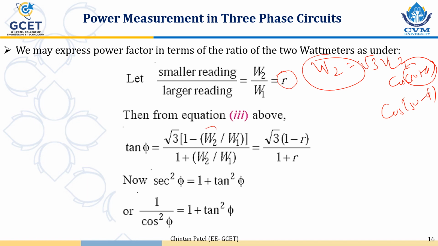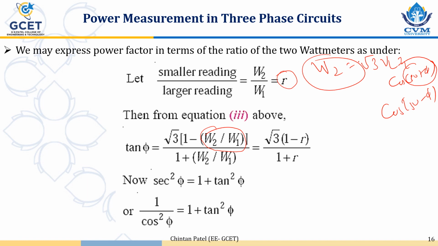In place of W2 divided by W1, put R. So the equation becomes root 3 (1 minus R) divided by (1 plus R). We know that sec square phi is equal to 1 plus tan square phi, or 1 upon cos square phi is equal to 1 plus tan square phi.